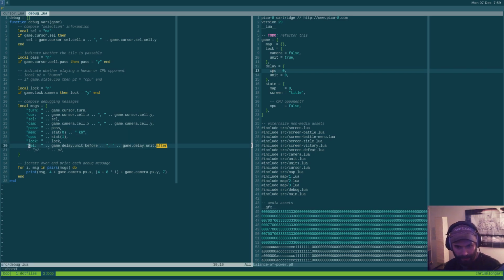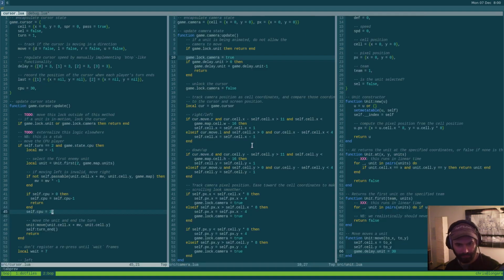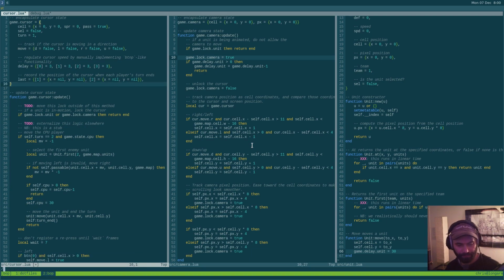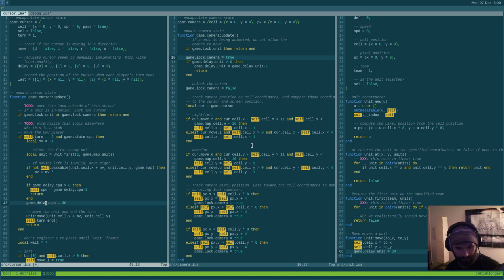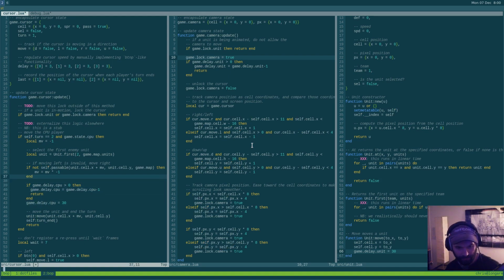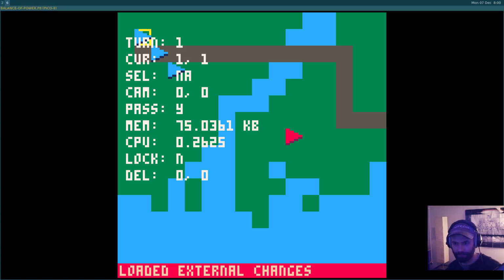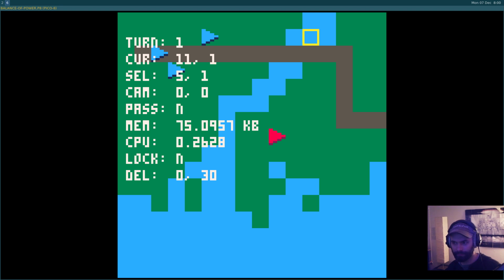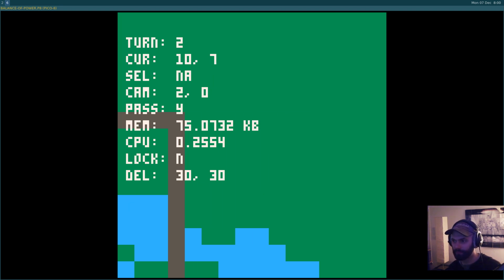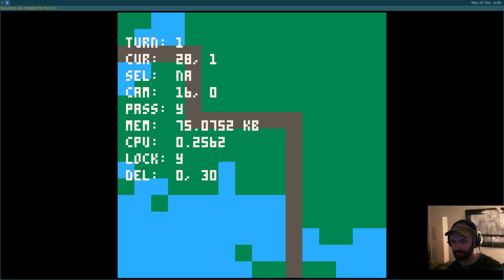And then delay unit before becomes delay unit and delay CPU. And this thing goes away and becomes game.delay.cpu. Right? Yeah.